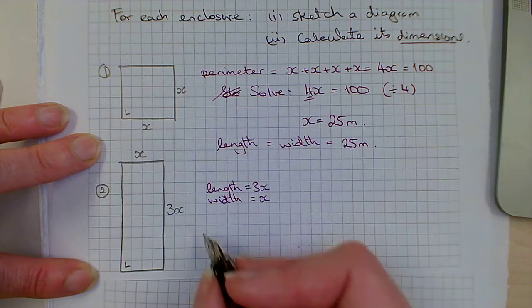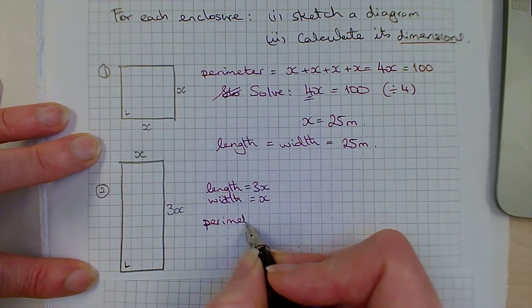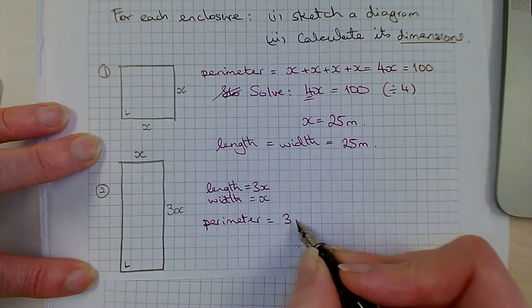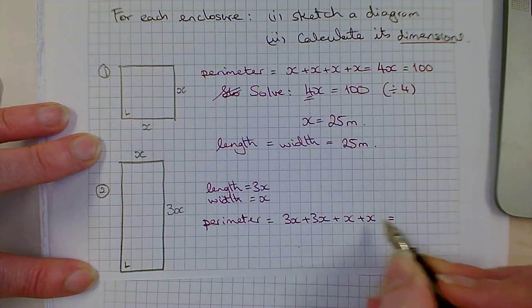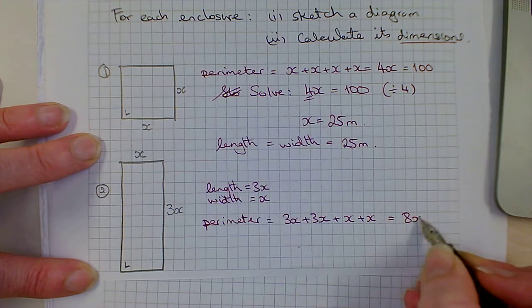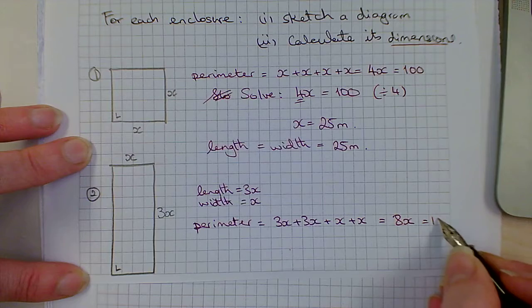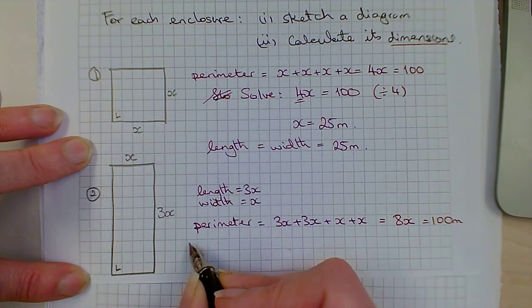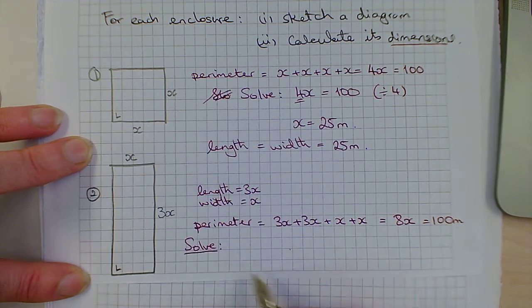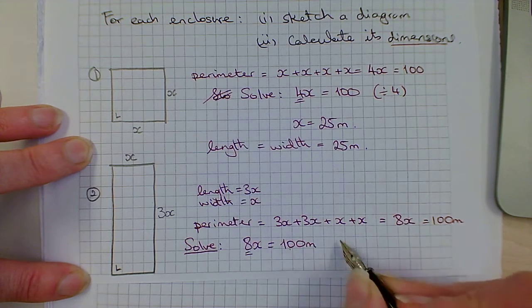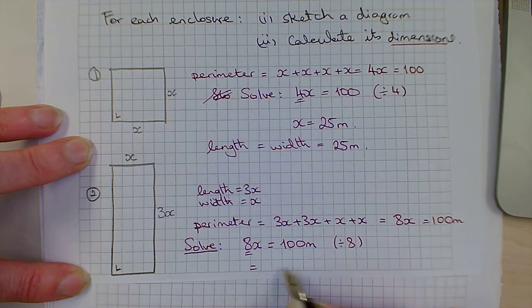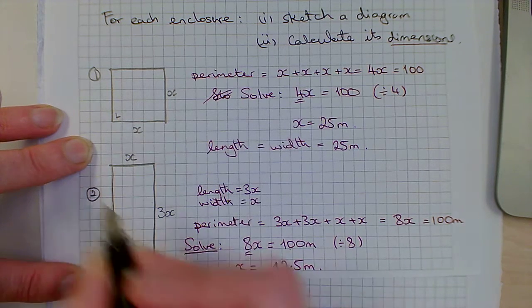What else do I know? Well, the perimeter, it's still a rectangle, is the 2 lengths added together and the 2 widths added together, which gives us 8x. But of course, the perimeter is still 100 meters, so we're trying to solve 8x equal to 100 meters. We divide across by 8, and that gives us 12.5 meters. What is that 12.5? It is x, which is the width.